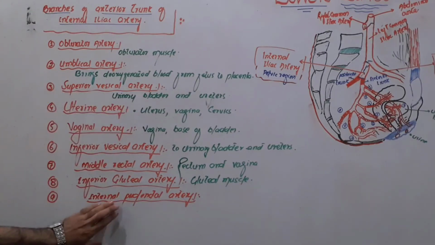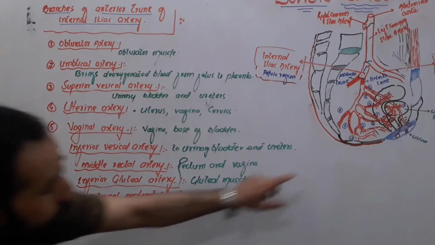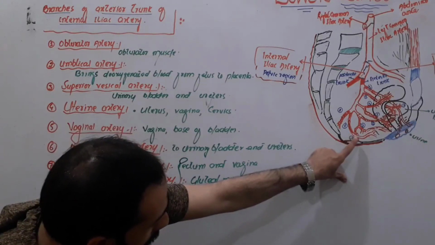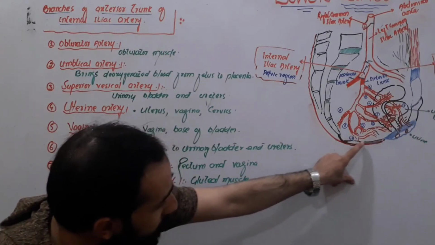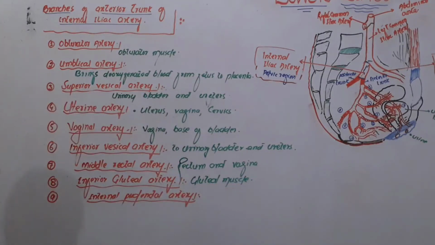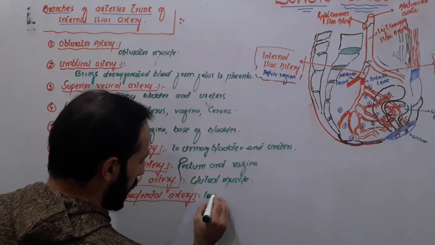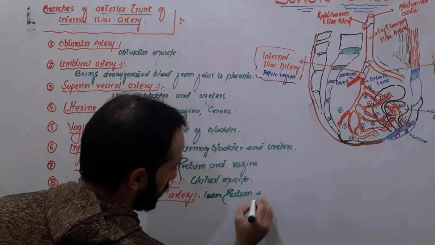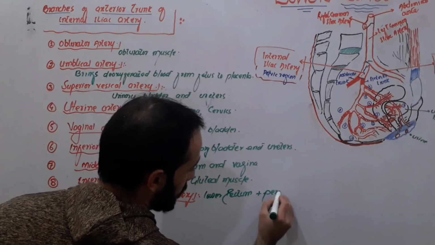And this internal pudendal artery is responsible to supply blood to the lower parts of the rectum. You can see it gives also branches towards the rectum, right? And to some muscles which are present here, which are called perineal muscles, right? So this artery is responsible to supply blood to the lower rectum, plus perineal muscles.